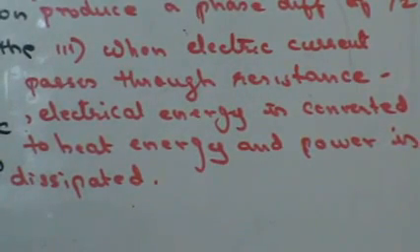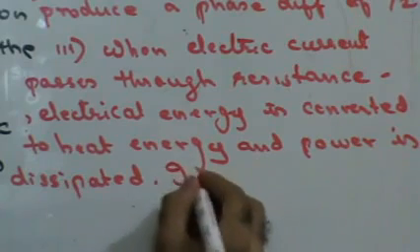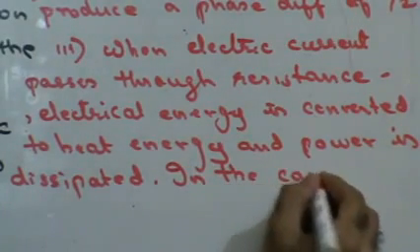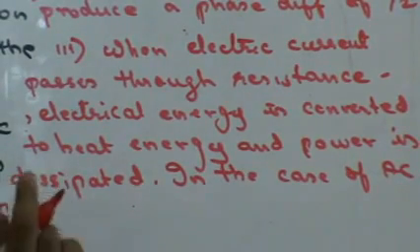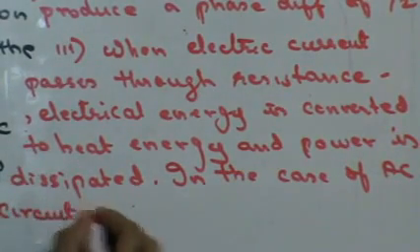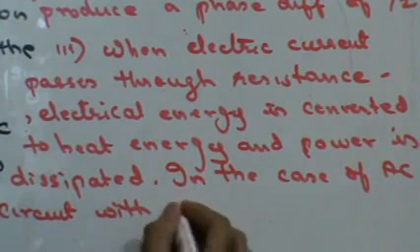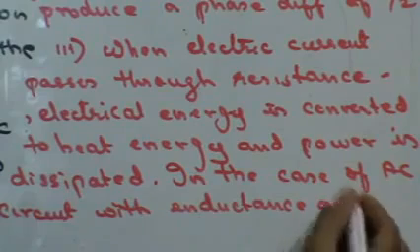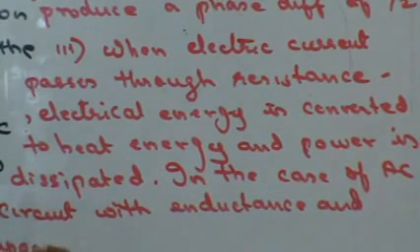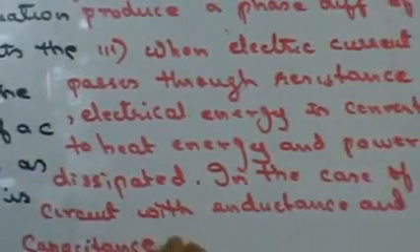Now, in the case of an AC circuit with inductance and capacitance, the average power dissipated is equal to 0.